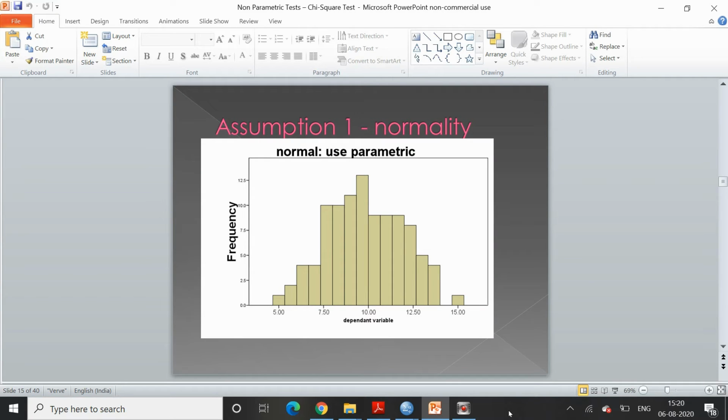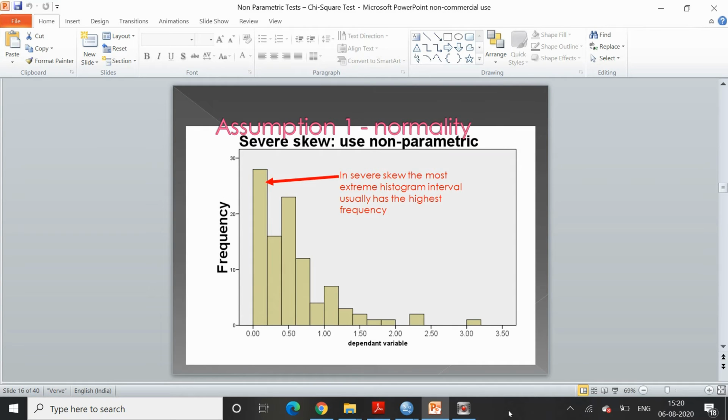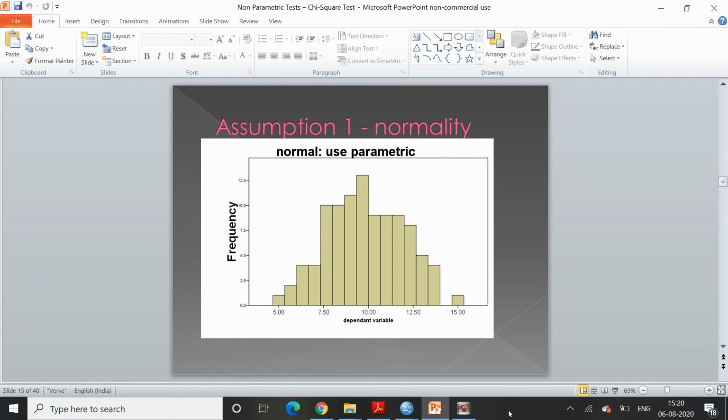Something like this is what a normally distributed sample would look like. You can see that near the mean value it is coming out as a bell-shaped curve. It will never come as a perfect bell-shaped curve, but still we can understand the approximate shape is coming out to be like this.